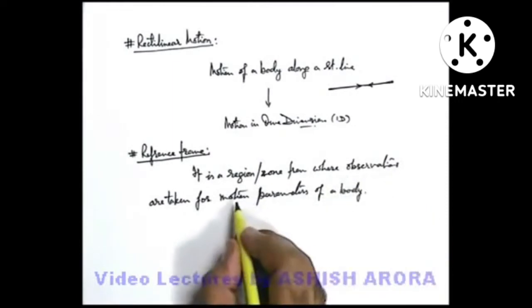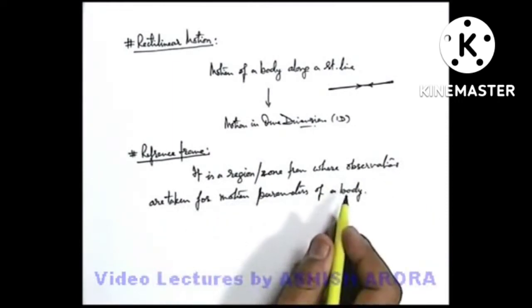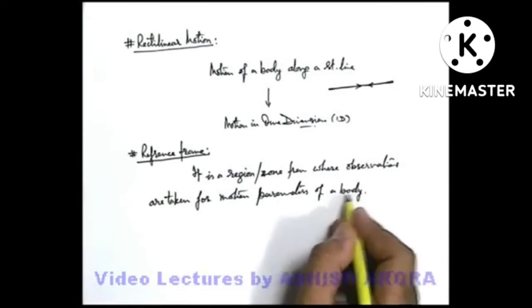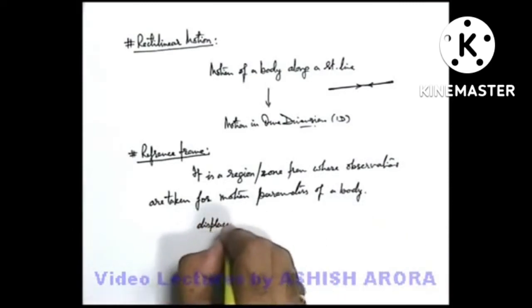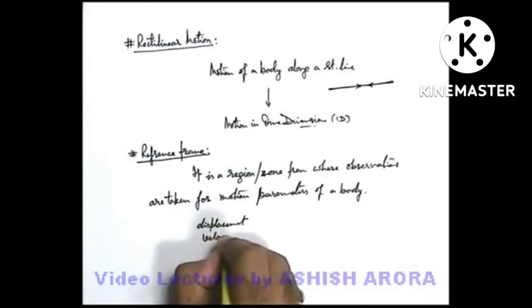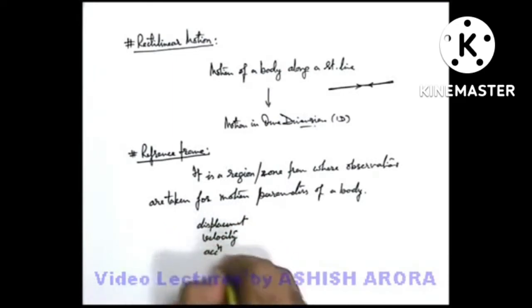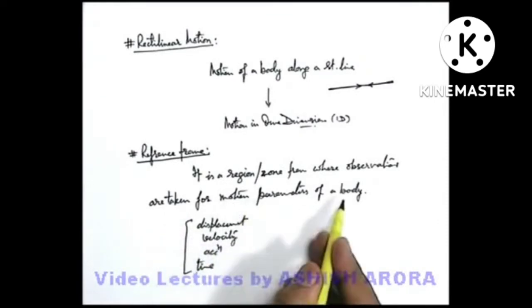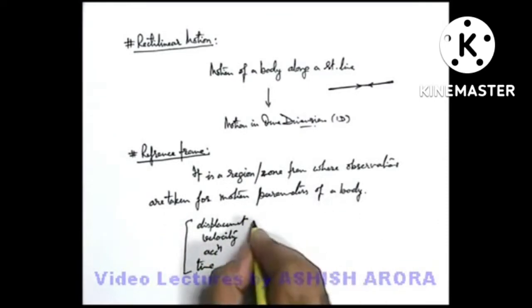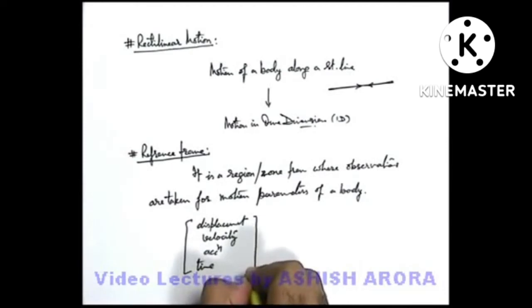When a body moves, the parameters associated with its motion are displacement, velocity, acceleration, and time. The region from where all these observations are taken, we define as a reference frame.